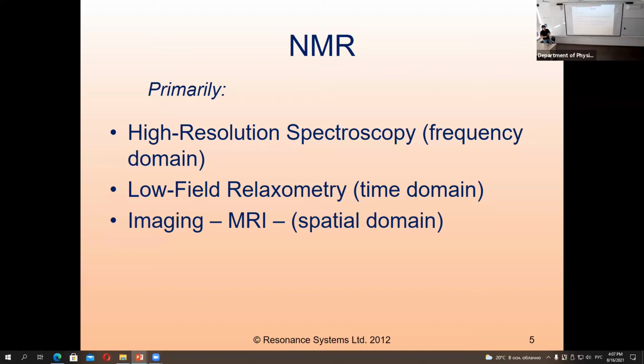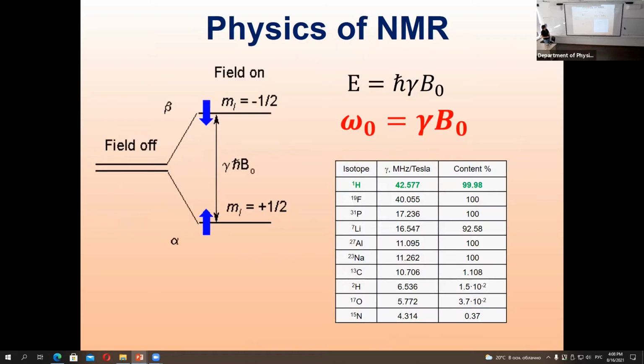This is spectroscopy, when you can get the spectrum and the information on chemical structure. There is also low field relaxometry, which is time domain, that we will talk about a little more today. And also there is imaging. Imaging gives you spatial resolution, so you can look at different dimensions. You know that because we all live in the 21st century and MRI is everywhere.